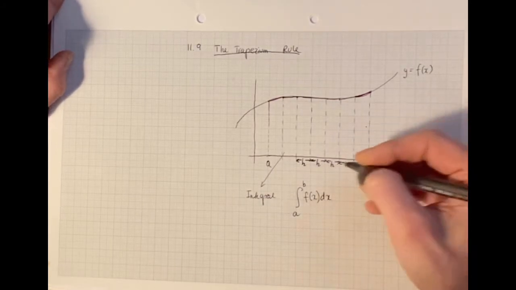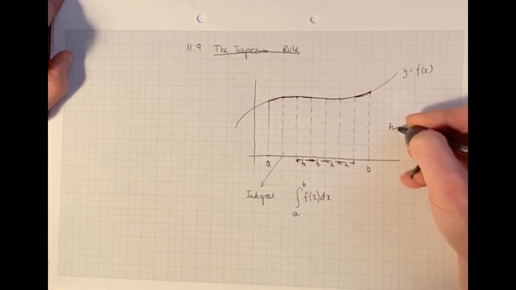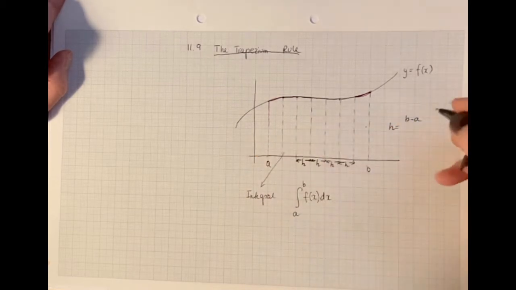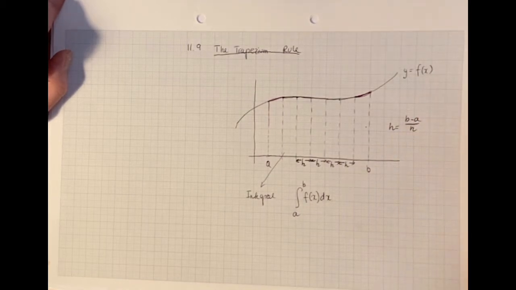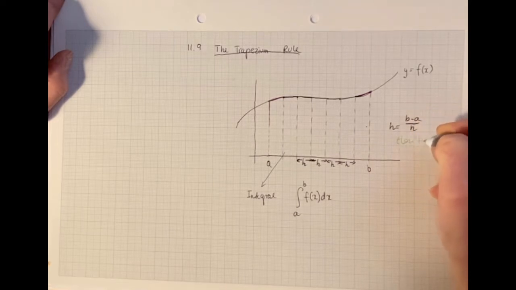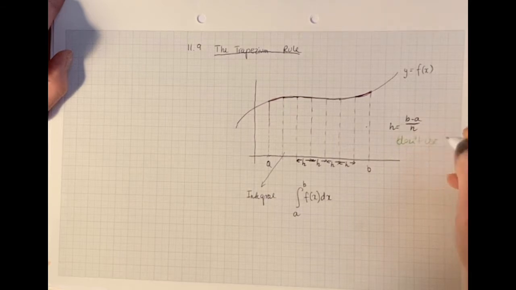Now each of those widths, in the formula booklet, is given as b minus a, divided by how many trapezia we have. I would really recommend you don't ever use this formula to find the value of h, because people always tend to make mistakes while trying to use it. I would suggest you use common sense. They normally use the wrong value of n, and I will explain in a minute why this is so.